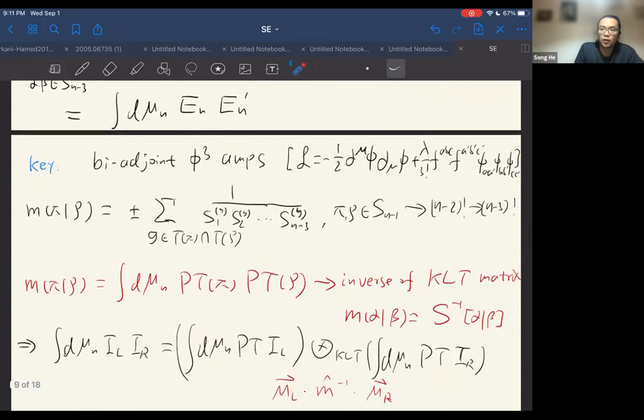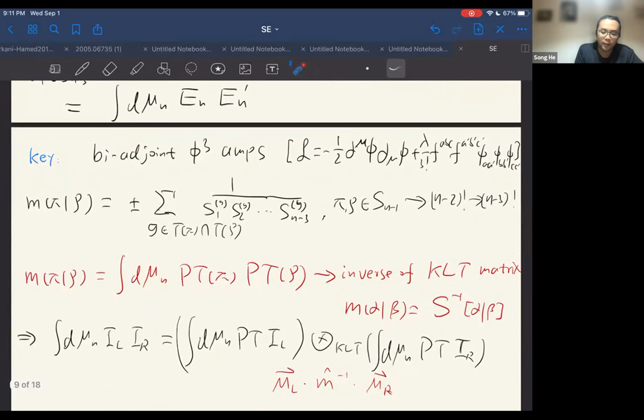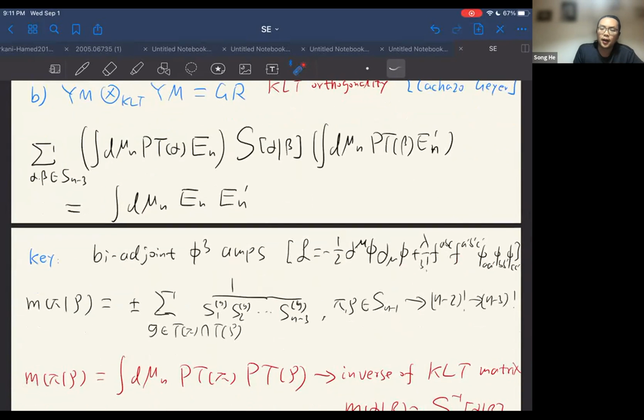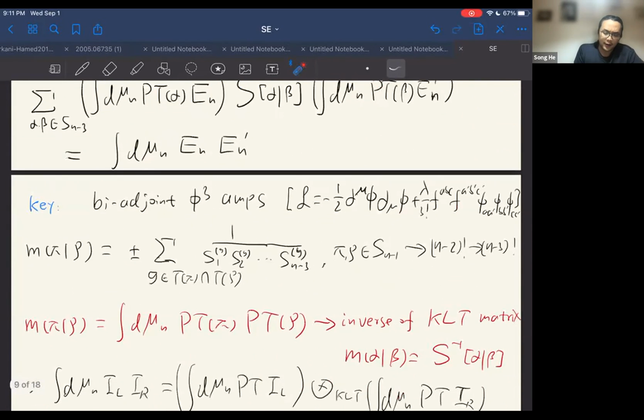Okay, so I won't go into the detail, but I want to say that everything about this BCJ double copy, KLT relation has its root in this special theory, the so-called bi-adjoint phi cubed, which has an interesting Lagrangian where these scalars take the adjoint representation under two groups, like U(N) and U(N) tilde.